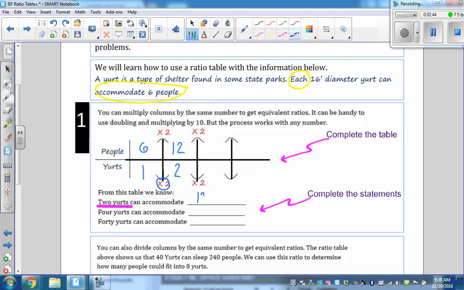So that's 12 people. And then the next question is 4 yurts can accommodate. Again, when you look at my directions here in red, I'm teaching you how to get to 4. So 4 yurts by doubling can accommodate 24 people.